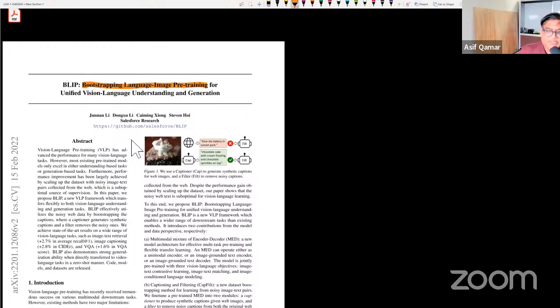And it says bootstrapping language image pre-training for unified visual language understanding and generation. An interesting aspect of this is, do you see the new word come into the process? Generation. So it is not just an encoder-based model, it has a generator built in. So we are going to do that.